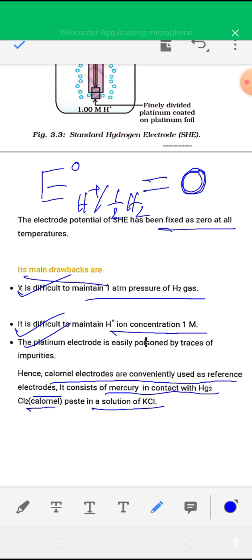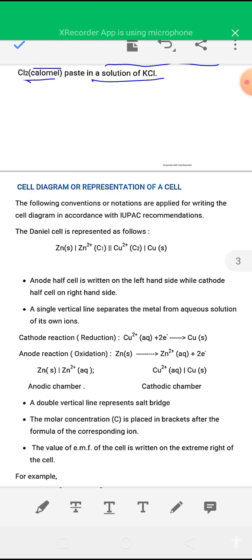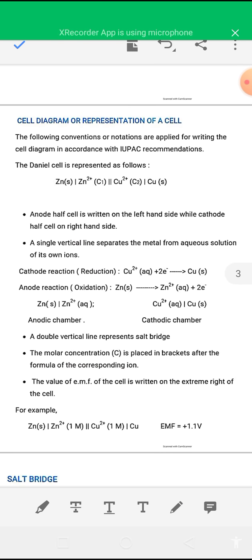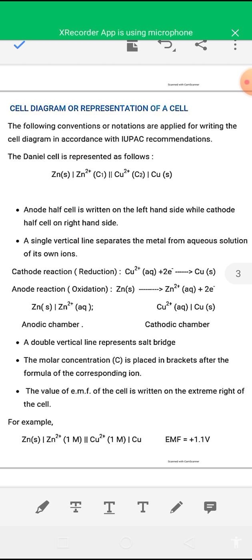So this is the calomel electrode. You can use any one reference electrode, the standard hydrogen electrode or the calomel electrode. So using the standard hydrogen electrode, or any reference electrode, you can calculate the standard reduction electrode potential of the electrode of the half cell.